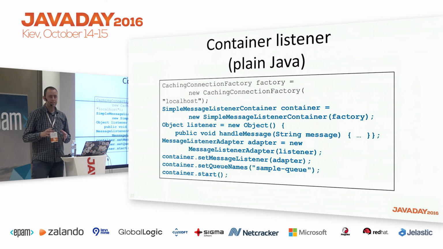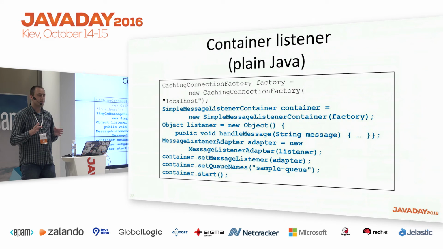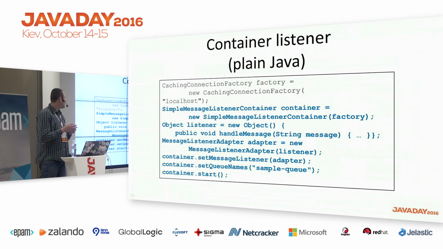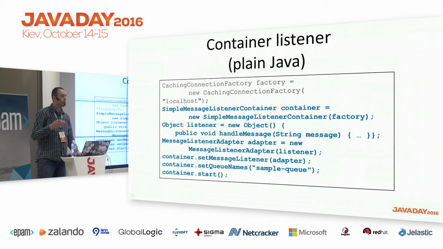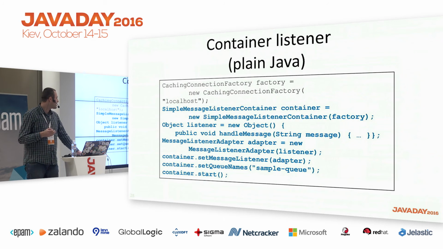If you want to create a listener to one or more queues in the message broker, you can create a simple message listener container from the RabbitMQ container factory. And you can create a listener class which needs to implement the handle message method. If you use Spring configuration, you may customize the name of that method. It may be called receive message or any other name you would like to supply.